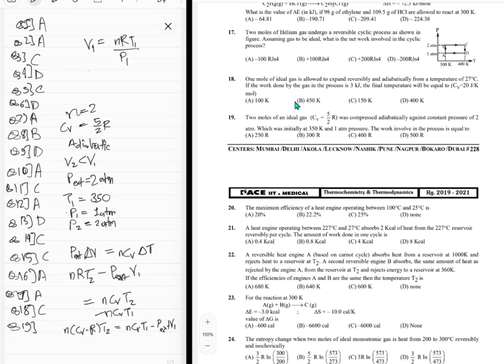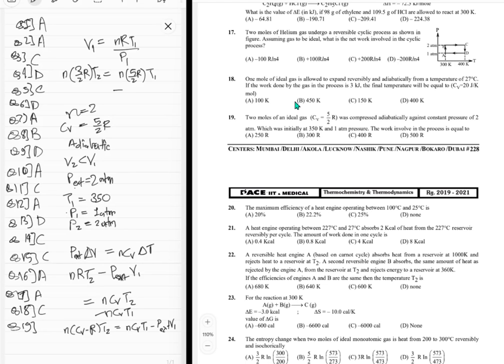So now let's rewrite this equation. Cv is 5 by 2 R, so Cv minus R is 3 by 2 R, times T2, equals n times 5 by 2 R T1 minus this term. P external is 2 atmosphere and P1 is 1 atmosphere, so P2 upon P1, that's 2.